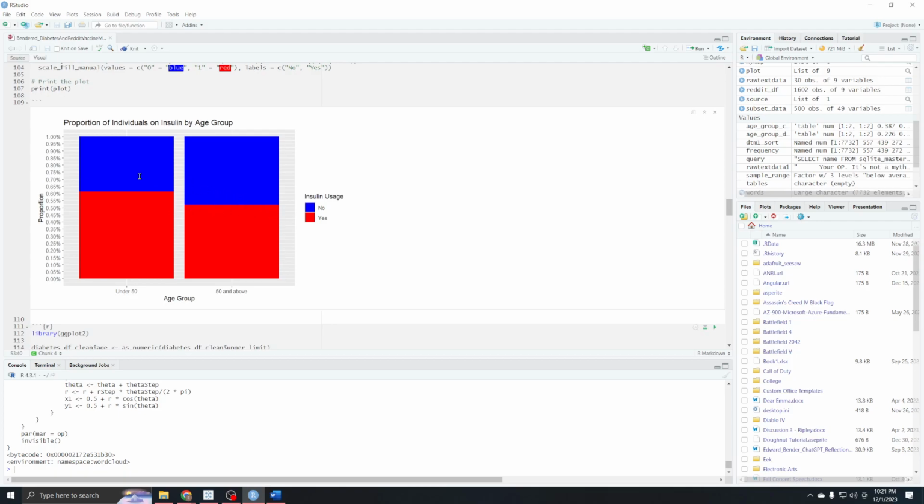And here, this shows a proportion of individuals under the age of 50 and above. And when you look at these proportions, you can see that insulin usage under the age of 50 is higher than no insulin usage, whereas above 50, no insulin usage is greater than insulin usage.